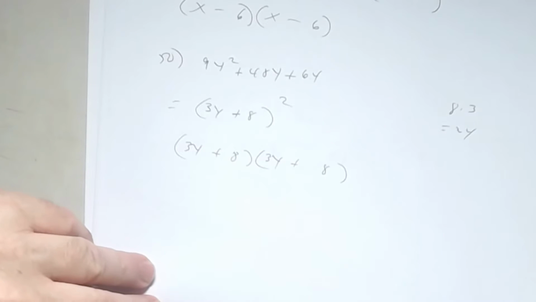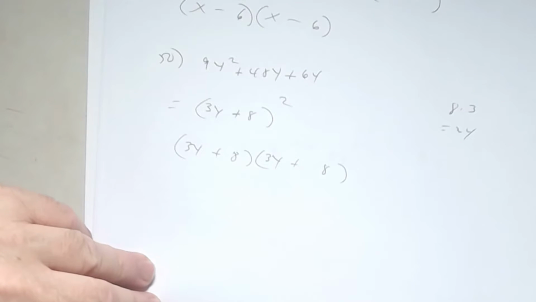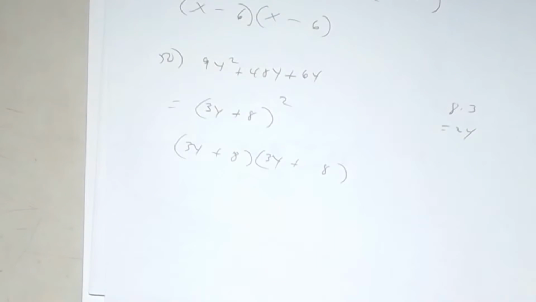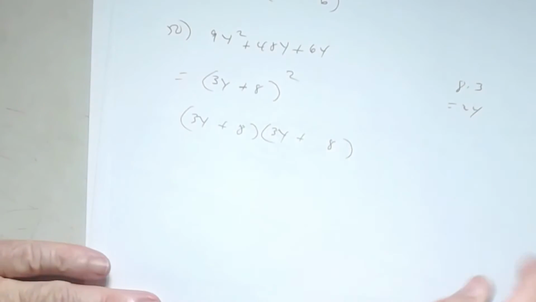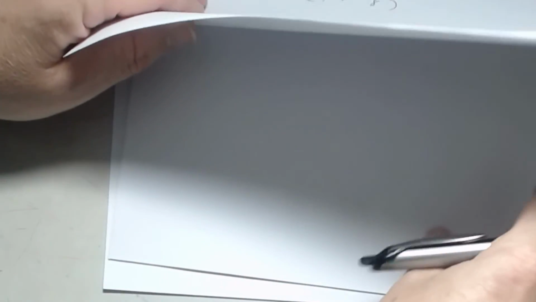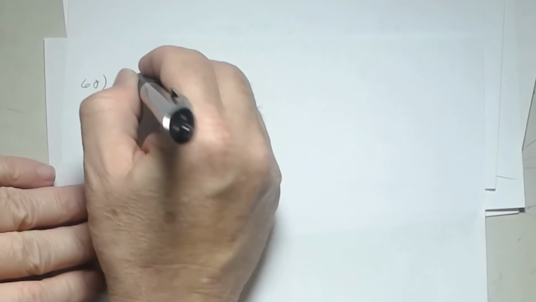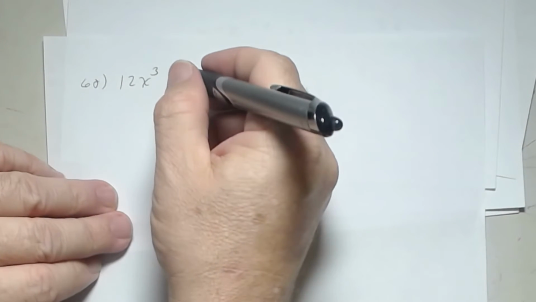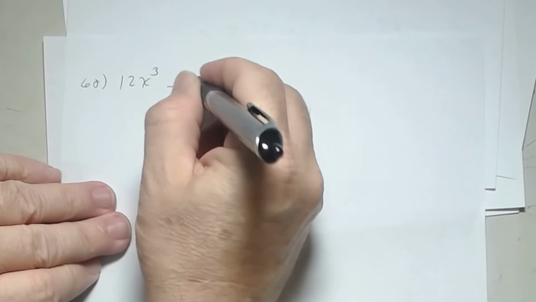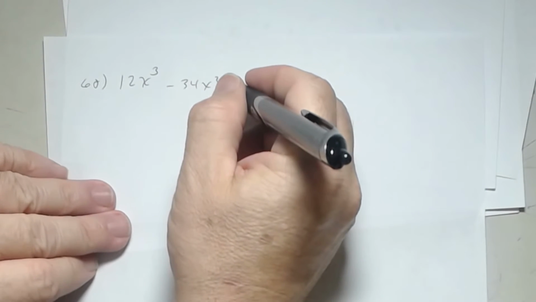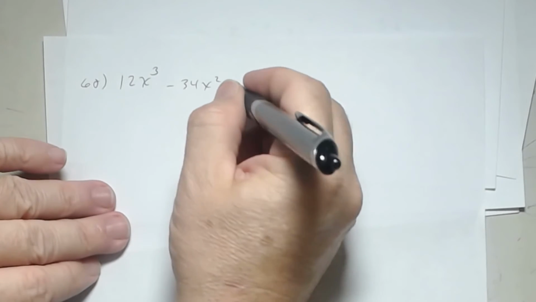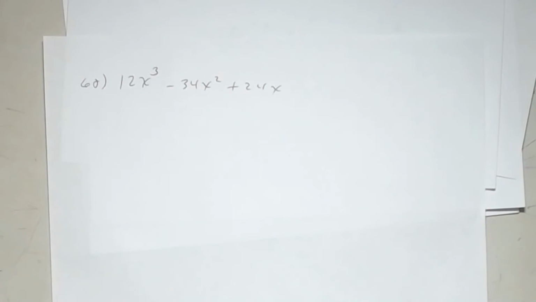All right, let's look at, okay, so let's say we had, this is 68. All right, 68, you have 12x cubed minus 34x squared plus 24x. Alrighty.